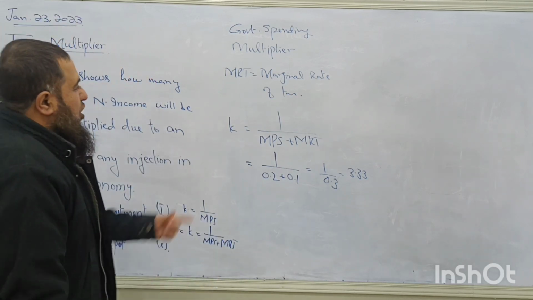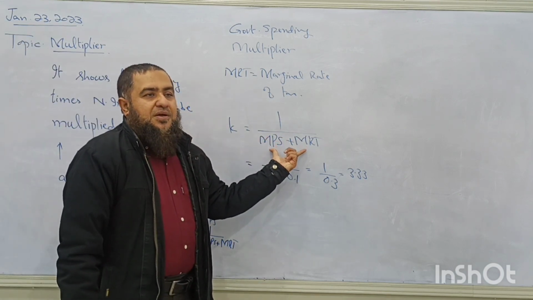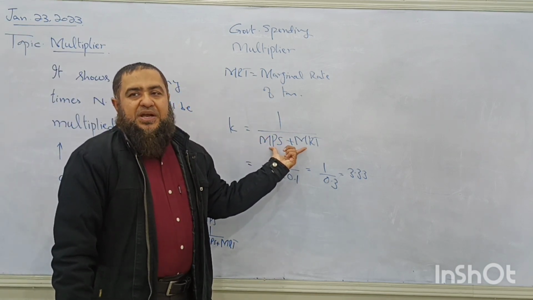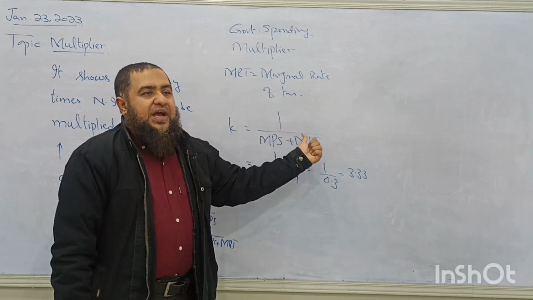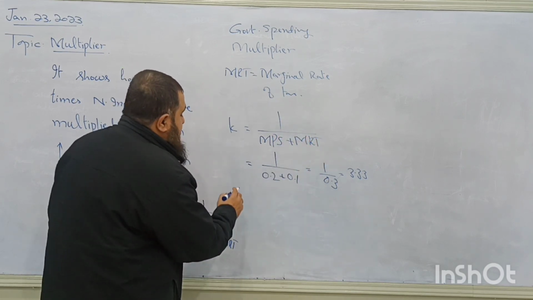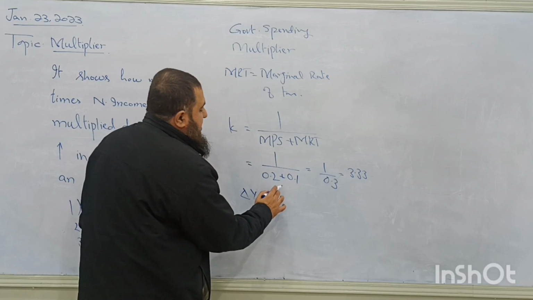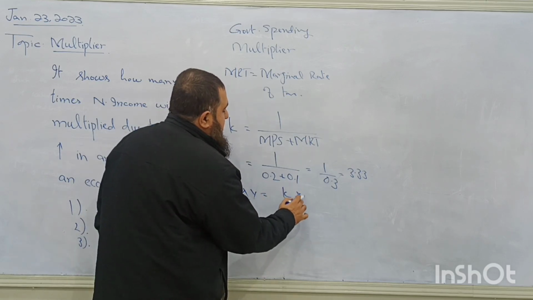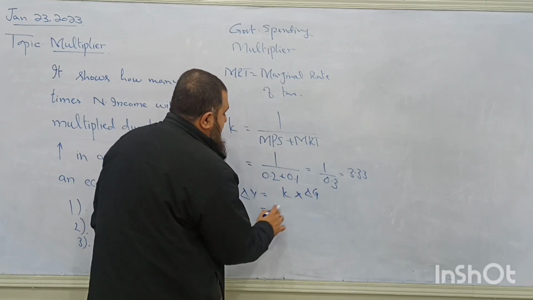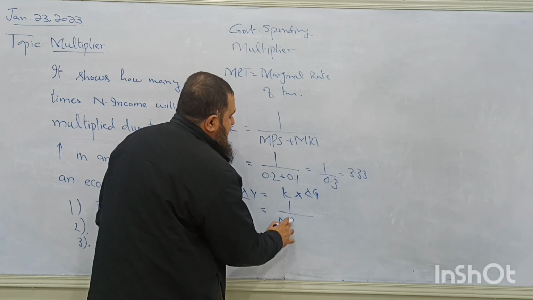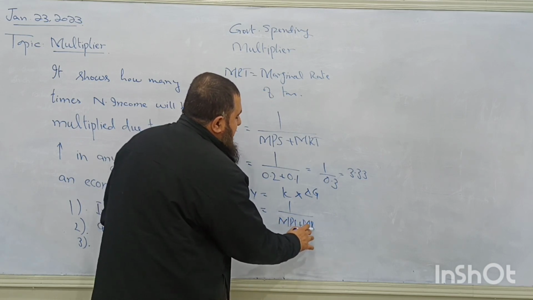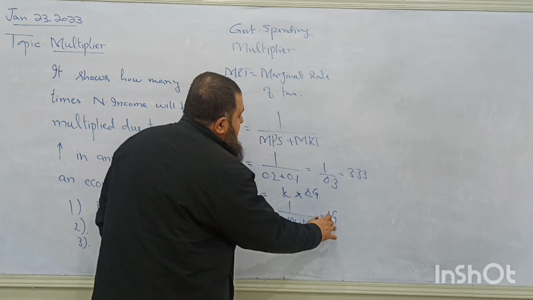So in a three sector economy, this is going to be the multiplier, combining marginal propensity to save and marginal rate of tax. So in this case, national income will increase by, so K is now 1 over MPS plus MRT into change in government spending.